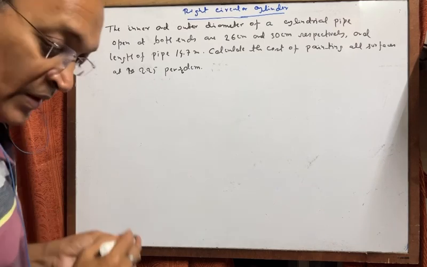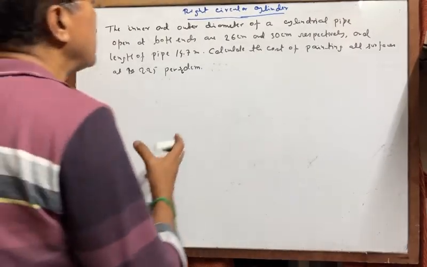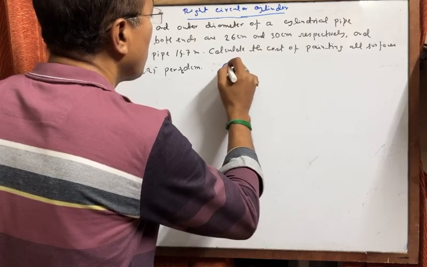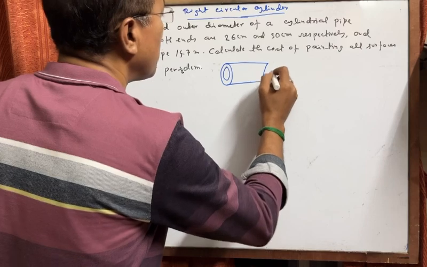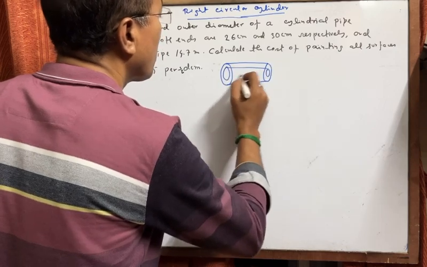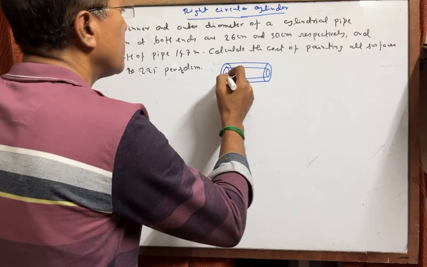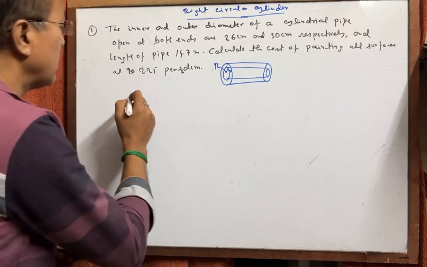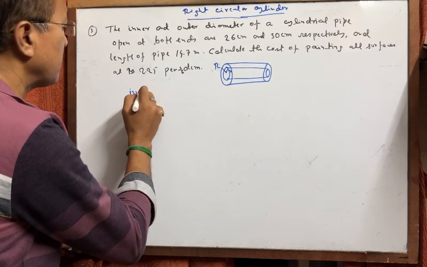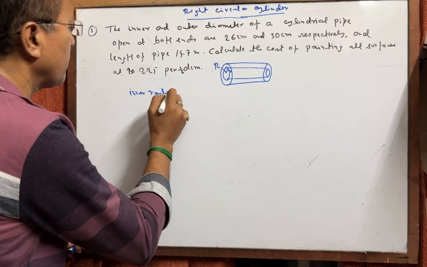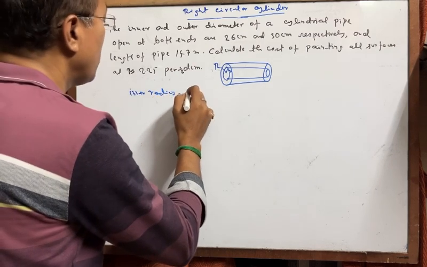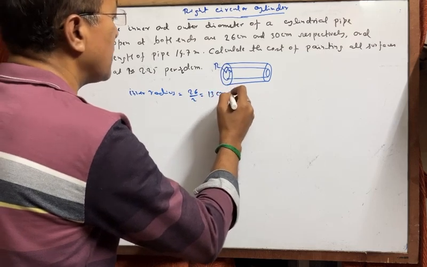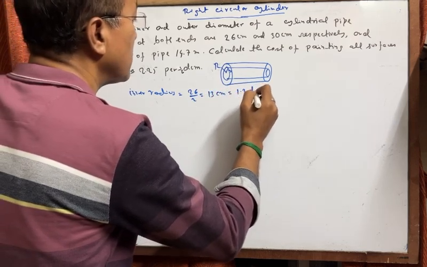Now this one is a cylindrical pipe. What does it mean? This one is smaller r, and this one is capital R. Inner radius is equal to 26 by 2, that is 13 centimeter, we can write 1.3 decimeter.